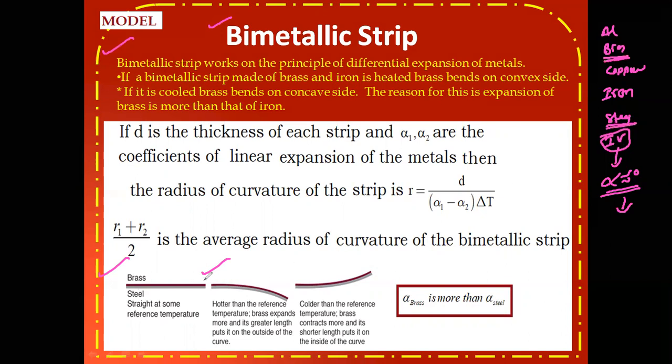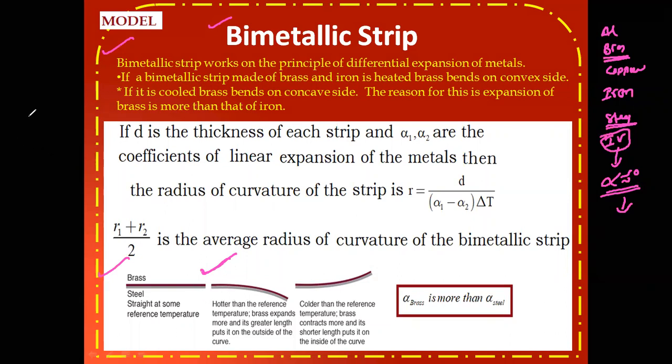So whenever the system is heated, the convex side will be brass, and steel will have more bending. More bending means lesser radius.